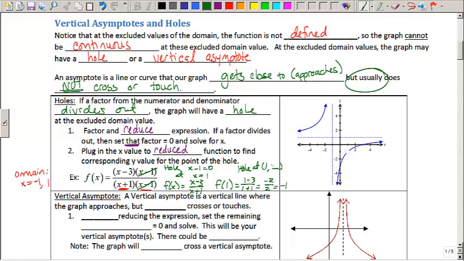I'm getting a hole at 1 comma -1. Notice in my picture, I had a hole at 1 comma -1. The graph is continuous all the way up until that point, and then it kind of jumps right over and keeps being continuous all the way towards the asymptote. So my hole is at 1 comma -1. If a factor divides out, you get a hole in your graph.